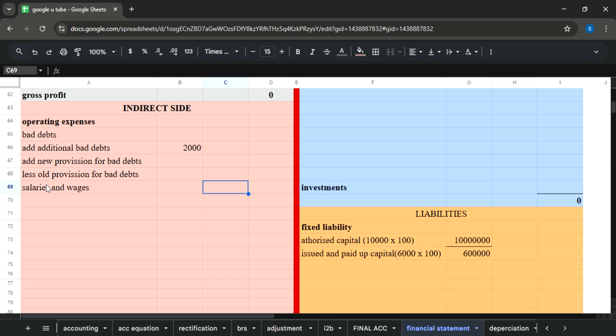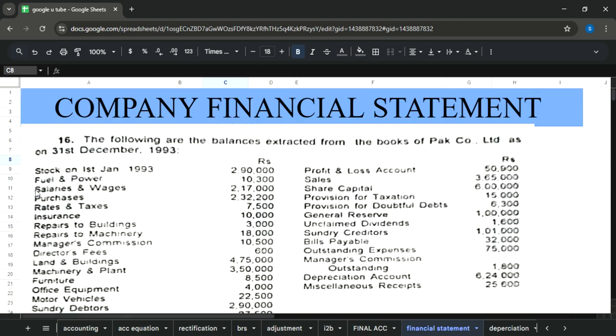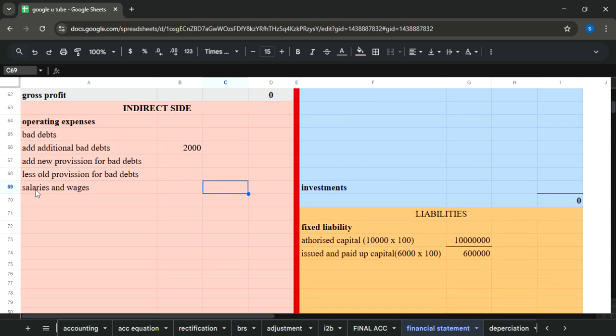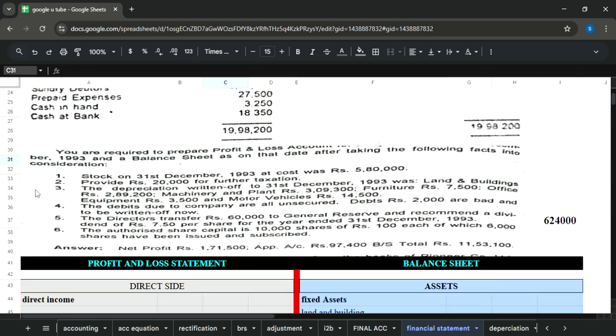Let's say the word was wages and salaries. So first word wages, you will be putting it on the direct side. Due to salaries being mentioned first, we are recording it on the indirect side. Amount of salaries and wages is 17,000. So in operating expenses we are going to write salaries and wages.